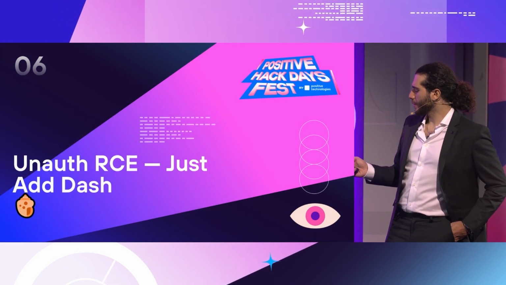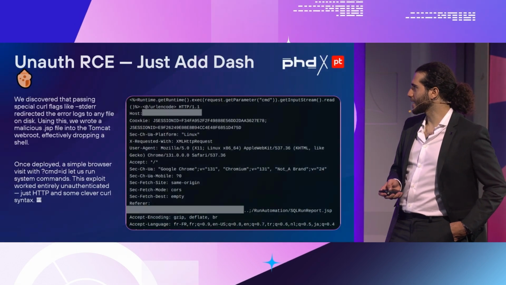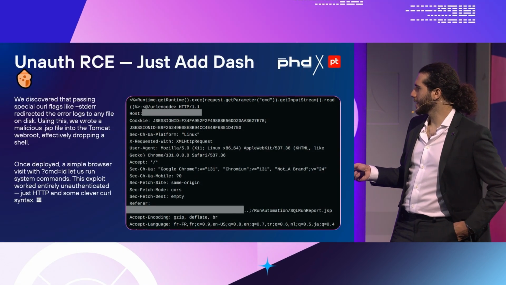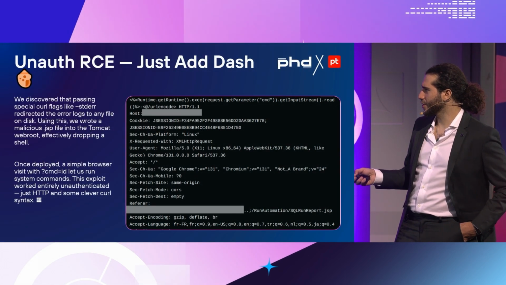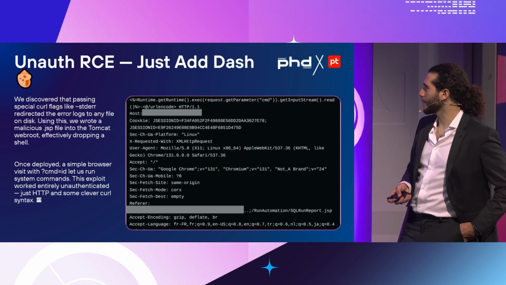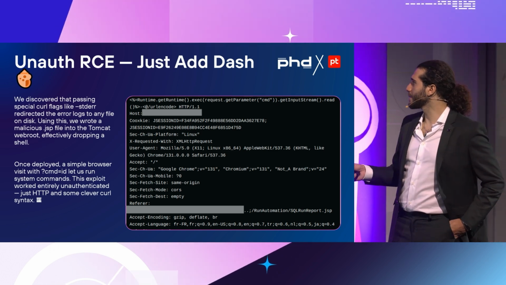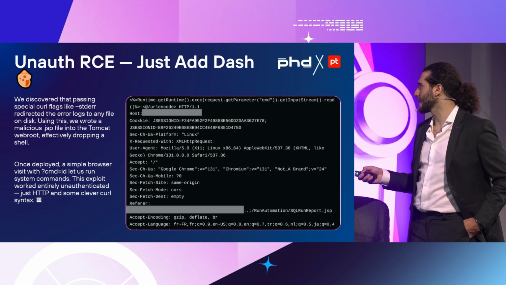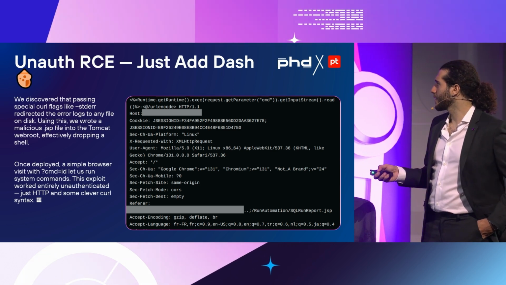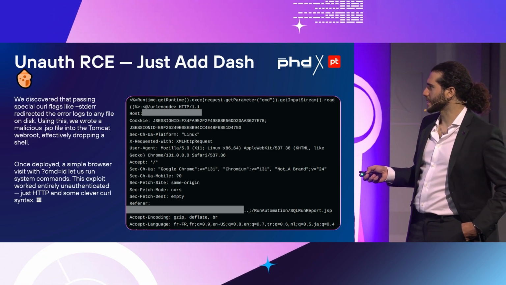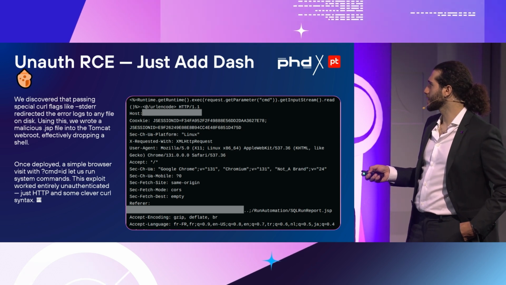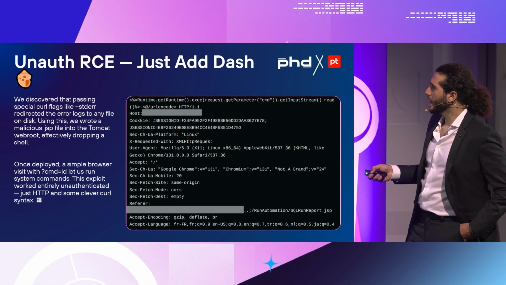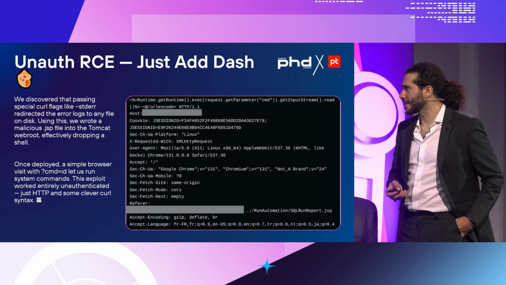Again, another remote command execution. We added a dash here, and what we can see here is the same application which is vulnerable to another remote command execution. This happened because we just discovered that passing special curl flags like stderr redirected the error logs to any file on disk. Using this, we wrote a malicious JSP file into the Tomcat web root, and we dropped a shell on that application.